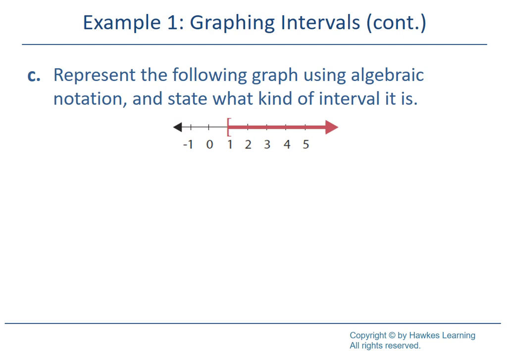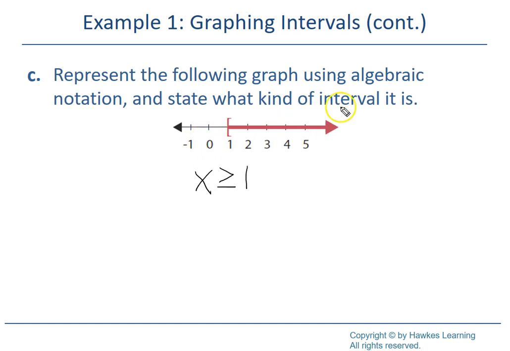Okay, now in this one they're asking us to represent the following graph using algebraic notation and state what kind of interval it is. So, again, we're going to say x is what here? Is it just greater than or equal to? And it's greater than or equal to because it's a bracket here, and it starts at 1.